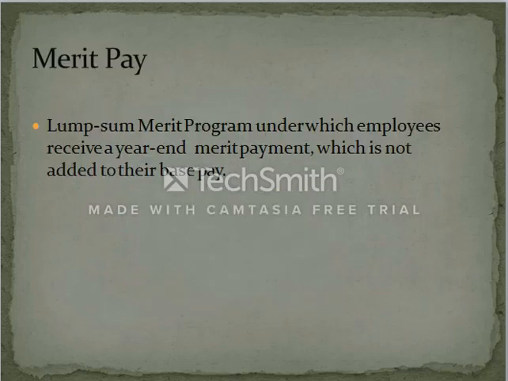Merit pay means a lump sum program under which the employee receives after the closing of one financial year. It includes the base pay plus the extra amount for the extra effort the employee put in the organization.